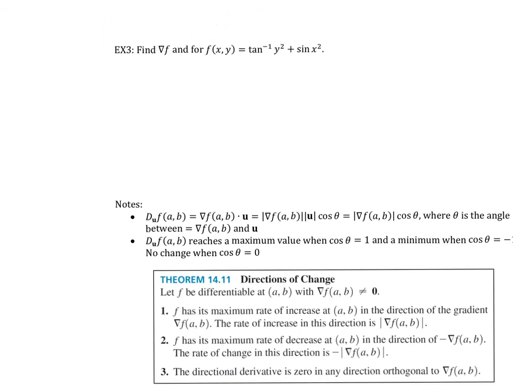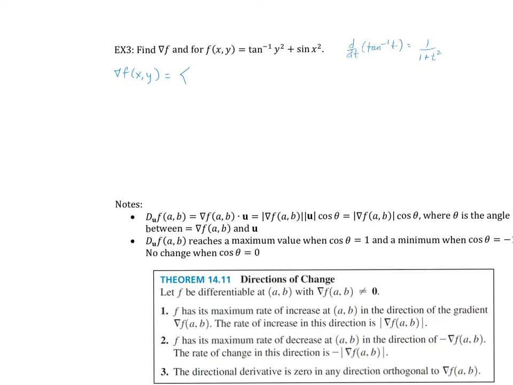Let's do another example. For this example, just remember that the derivative for tangent inverse is 1 over 1 plus the argument squared. So when I compute the gradient vector, I'll get the vector with respect to the variable x.